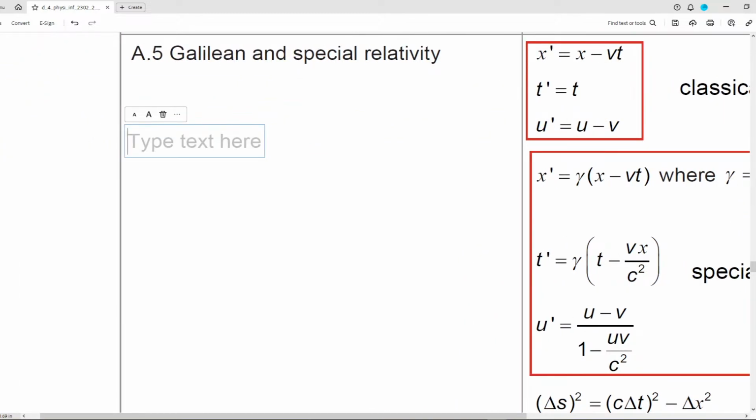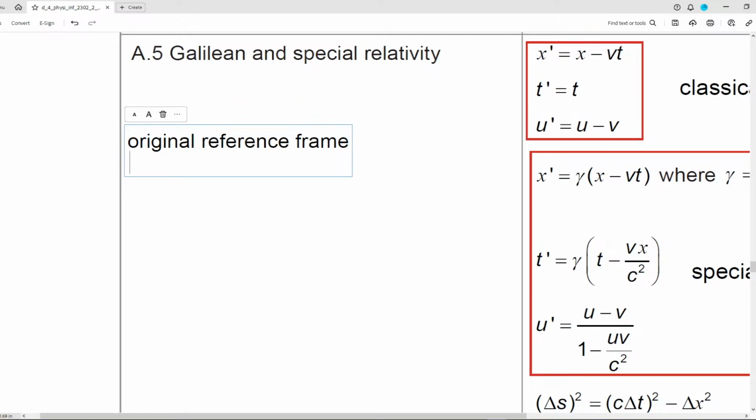So first, x prime is the position of an event. Okay, let's put it this way. There are two reference frames. There is an inertial, original reference frame, that's not primed.